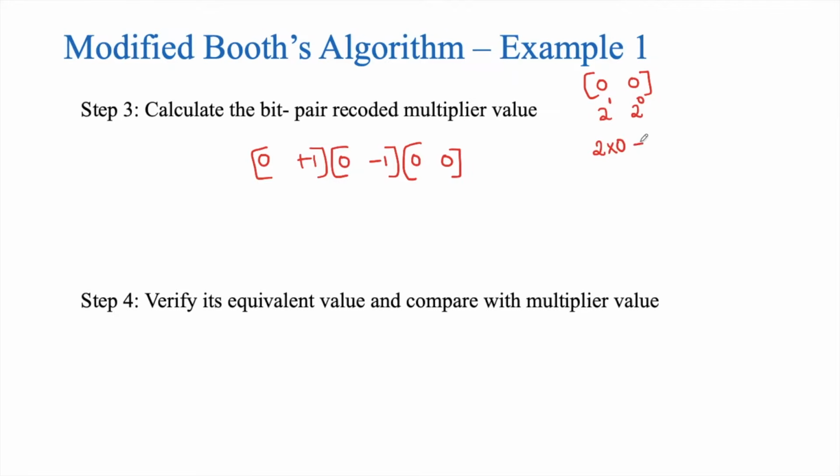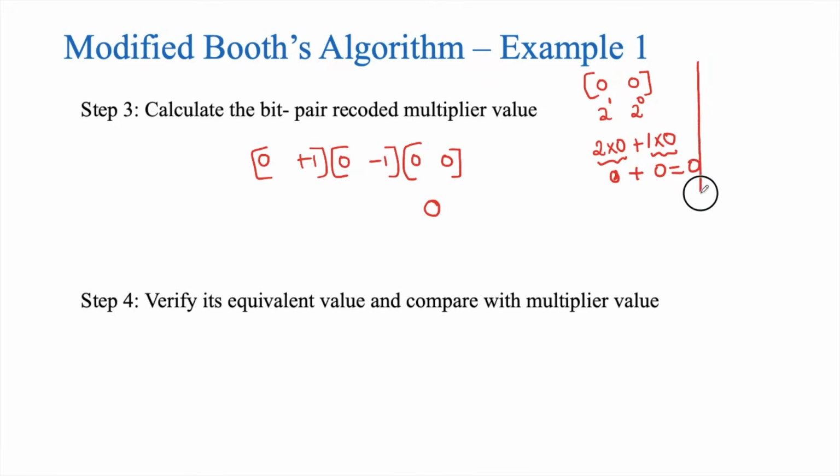It is 0. Plus, what is 2 power 0? It is 1. 1 into what is the value here? It is 0. So 2 into 0 is 0, 1 into 0 is 0, 0 plus 0 will be equal to 0. Therefore, the bit pair recoded equivalent of this pair is 0.